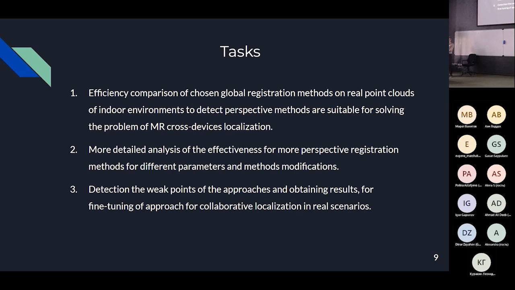The second, a more detailed analysis of the effectiveness of the more perspective registration method for different parameters and method modifications. And the final, detection of the weak points of the approaches and obtaining results for fine-tuning of the approach for real applications.